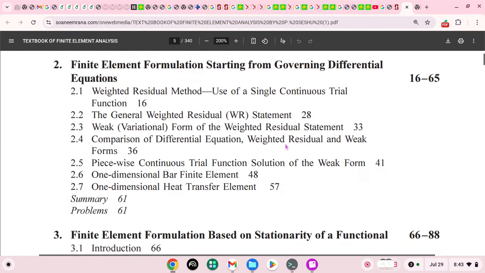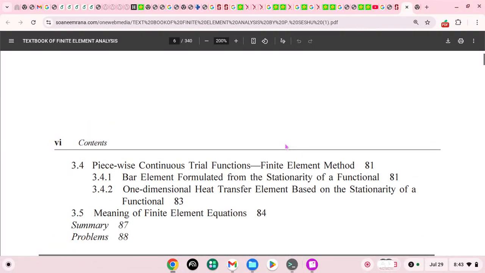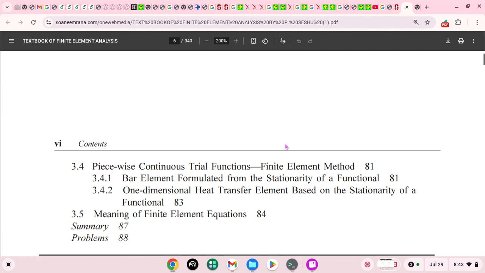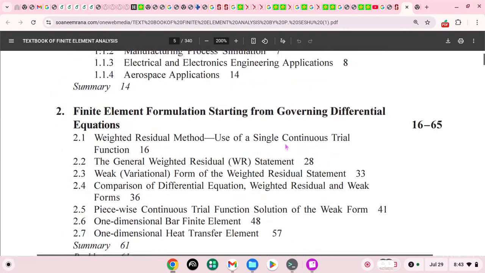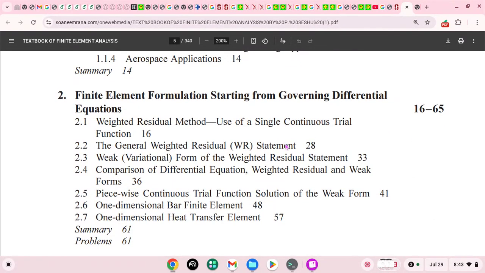I'm not that interested to go beyond these three chapters, but these three chapters will give you a more fundamental reason behind the finite element method being successful for structural mechanics applications. So what is meant by a finite element, what is the weighted residual method, what are single trial functions, what is the general weighted residual method, what are variational formulations, and how to go from a single trial function to a piecewise linear bunch of trial functions.